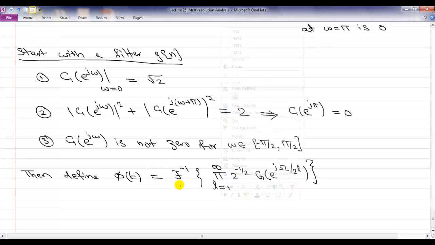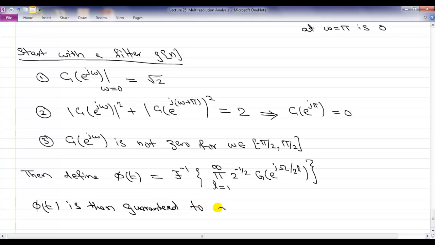Assuming that this limit exists, if you define phi of t from a filter which satisfies these properties, then it is guaranteed to define a multi-resolution analysis. Okay. Which means that such a phi will give rise to successive approximations of your function. Okay.